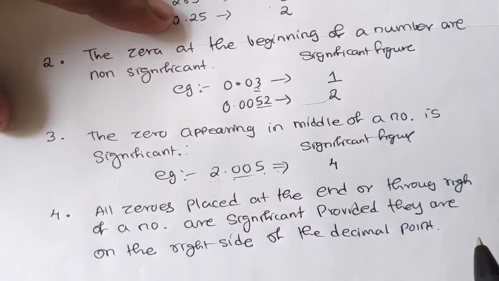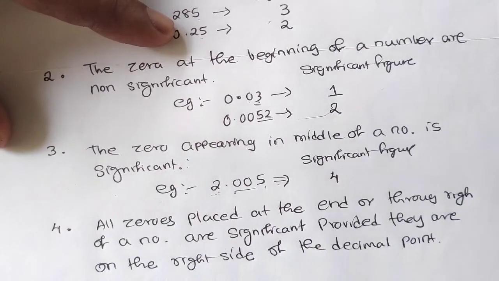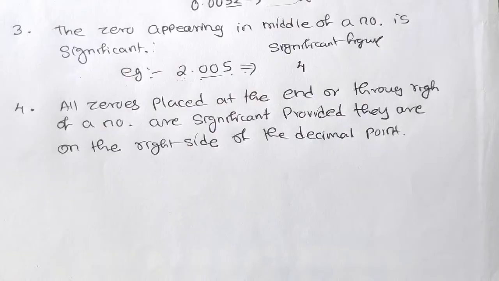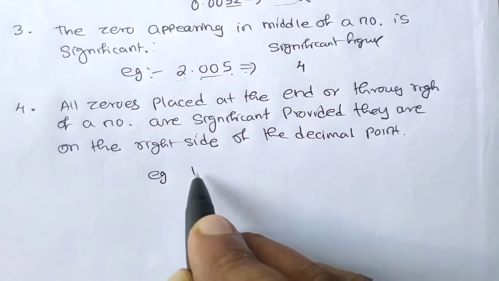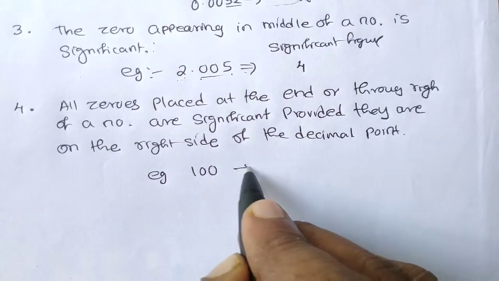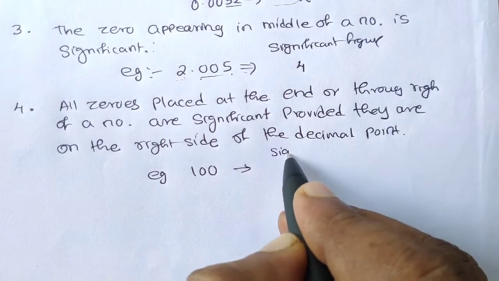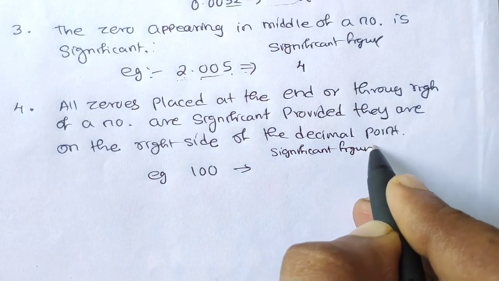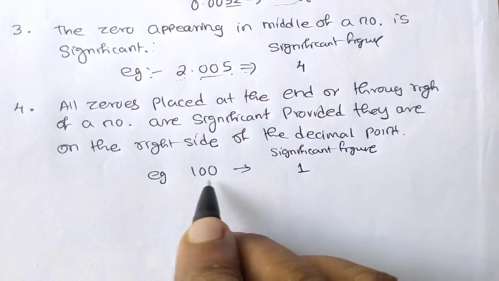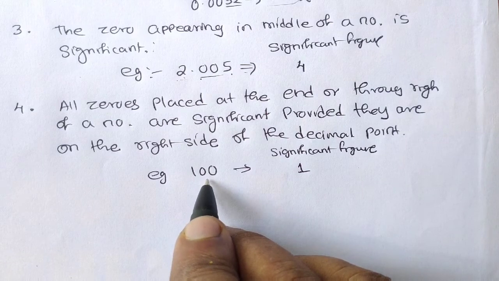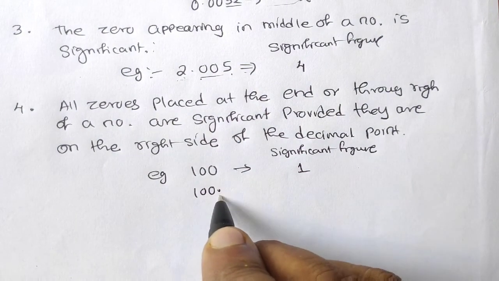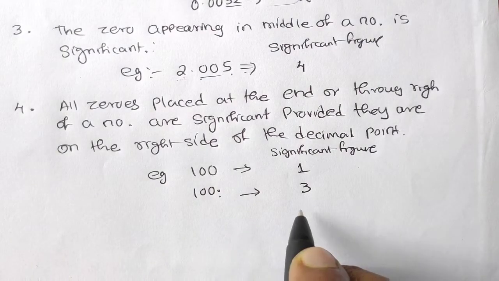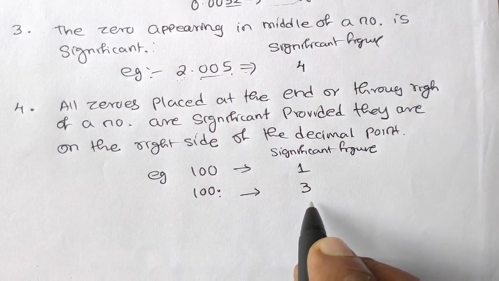What is the meaning of that? We'll take an example. If I write 100, there is only 1 significant figure, because these zeros are not counted. But if I write 100 with a decimal point, then the number of significant figures is 3. Understood?